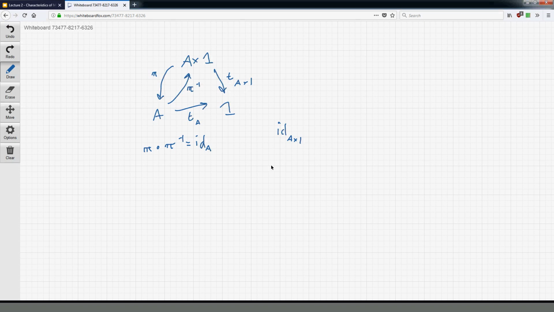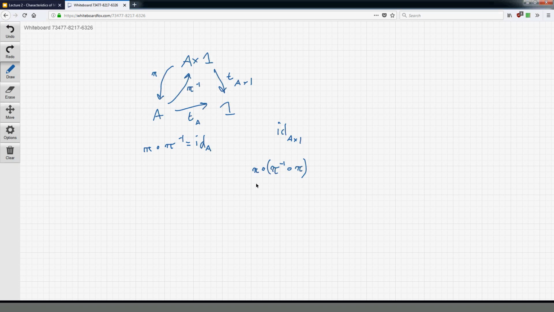So if we were trying to prove that this morphism here is equal to the identity on the product of A times 1, then this should just be equal to pi.